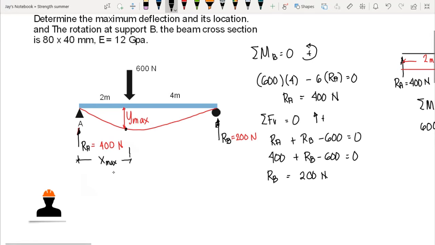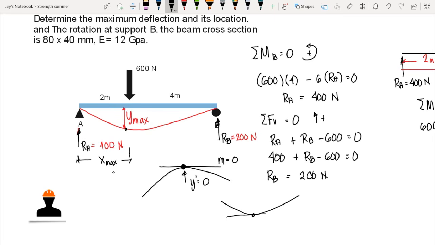Now take note from your concept of differential calculus, at the maximum point of a curve, our slope at that point is equal to 0. So therefore, the first derivative of the curve at this point is equal to 0. Since again, at the maximum or the minimum point, our slope is always equal to 0.